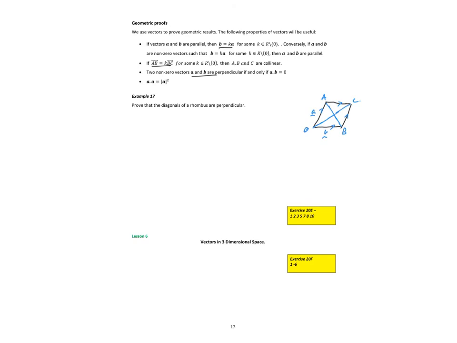That means the vector OC is equal to, well, I can go from O to A plus B to C, which should have been OB plus BC.